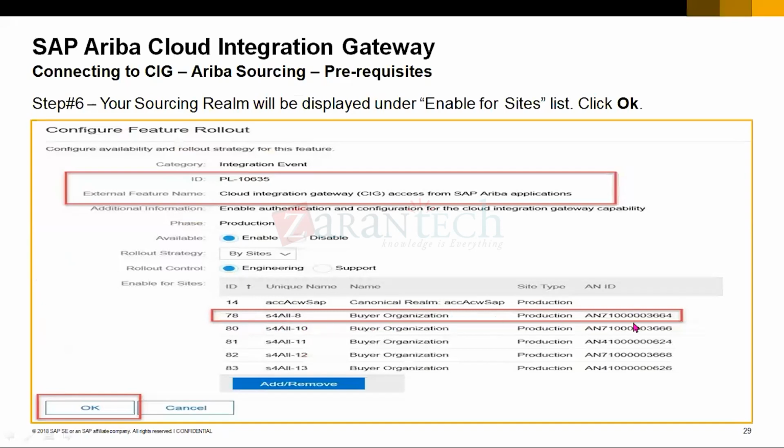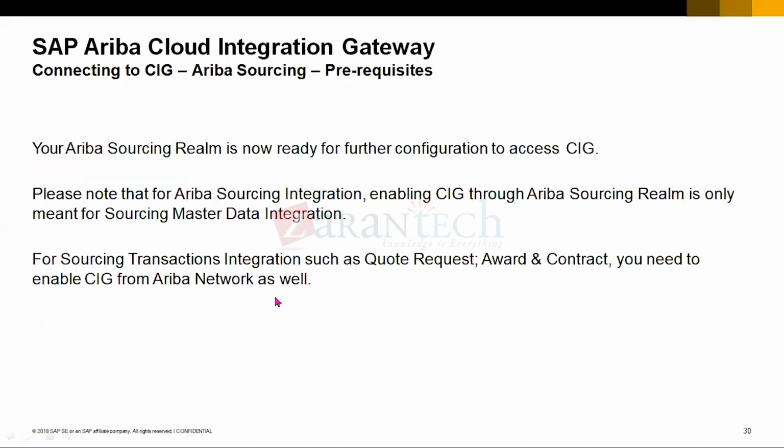And here they will be able to see the client or customer EN ID information. Based on that, they will review all those things, and if this is good, they will click on OK. After hitting OK, that means the CIG component has now been added to your customer license. That's it.